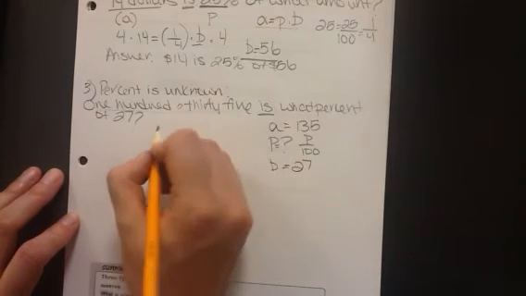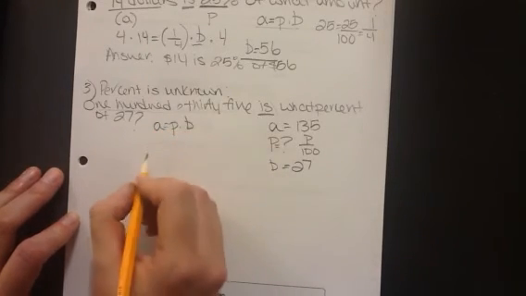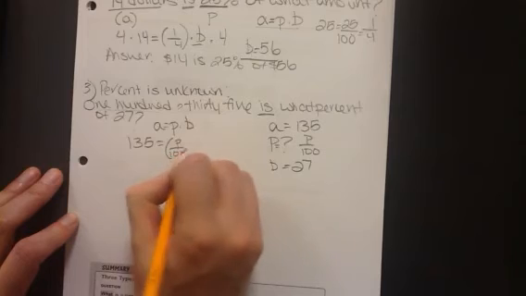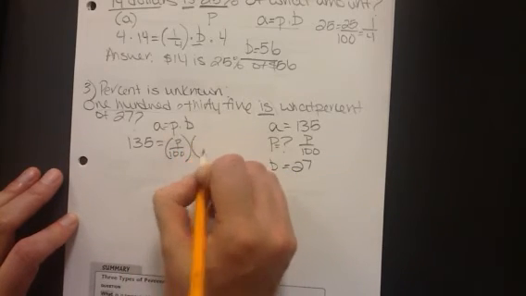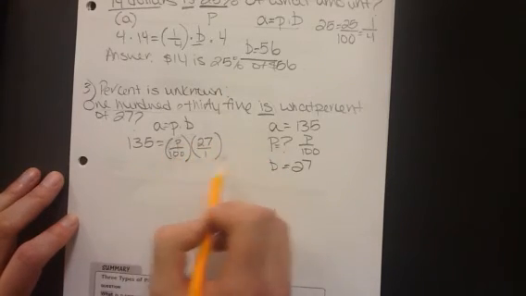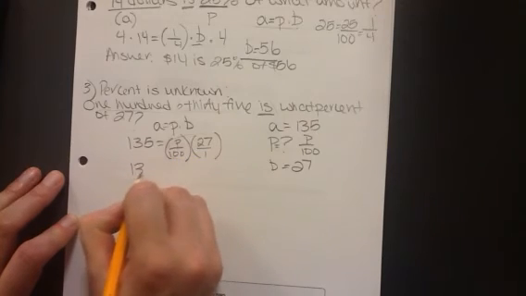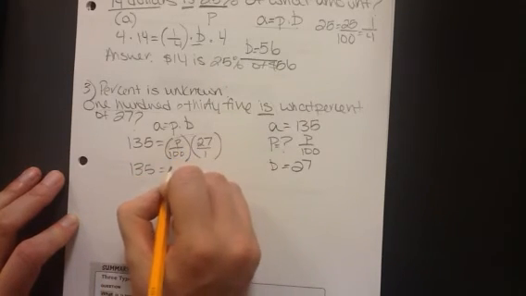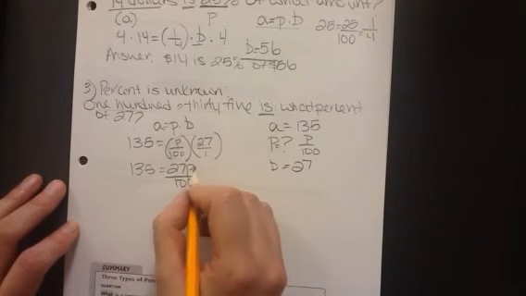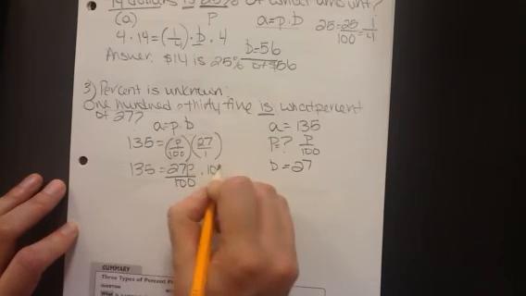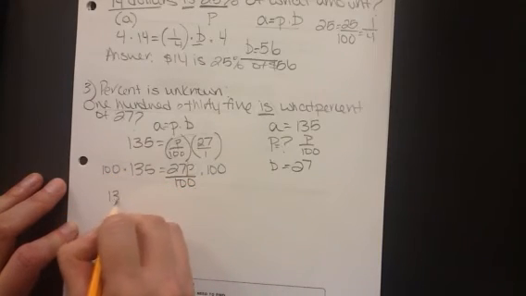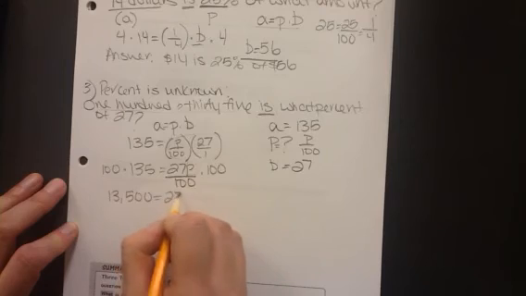Using this in our algebraic model, A is equal to P times B, we have 135 is equal to P over 100 for our percent, times 27 over 1 for our B value. Multiplying fractions across, we have 135 is equal to 27P over 100. To solve for P, we multiply by 100 on both sides because we're dividing by 100, which gives us 13,500 is equal to 27P.